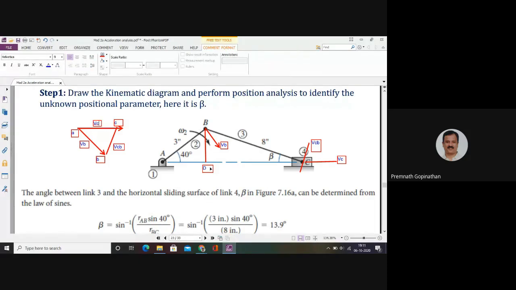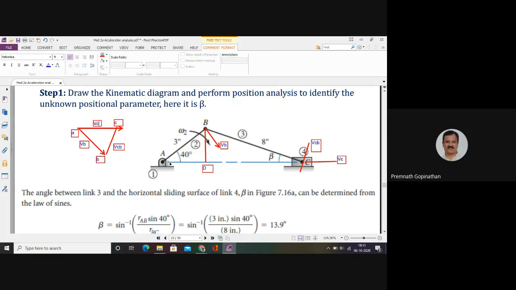Now in the configuration diagram, you can see the link AB is inclined at 40 degrees. So the vector perpendicular to the link AB will always be inclined to the vertical by the same angle. That's what you have to understand. That means the angle between the perpendicular BD and this vector VB will always be equal to 40 degrees.